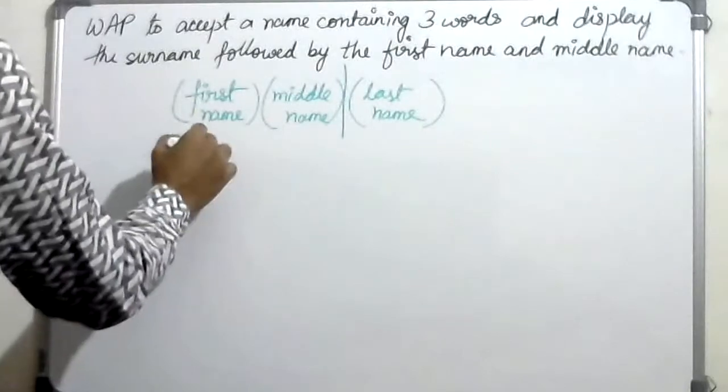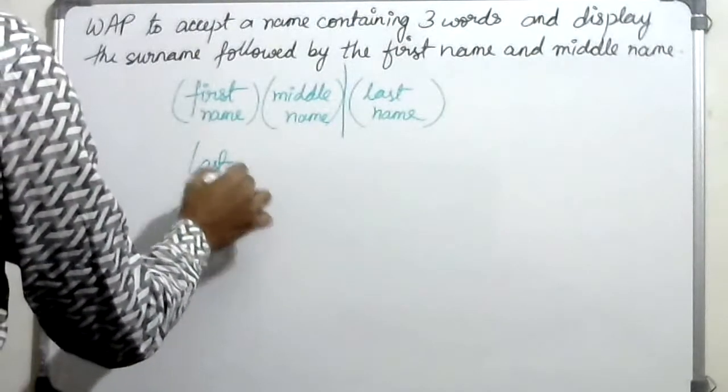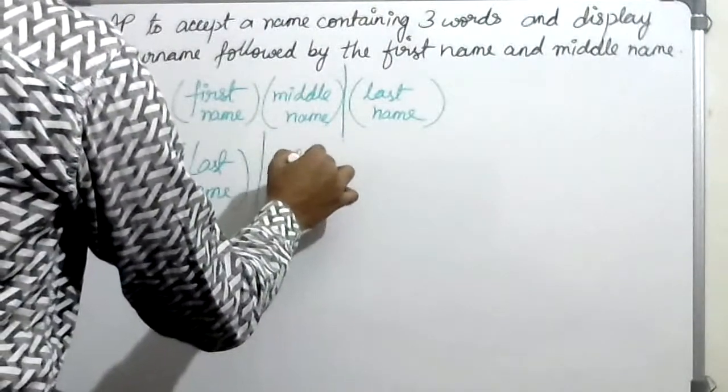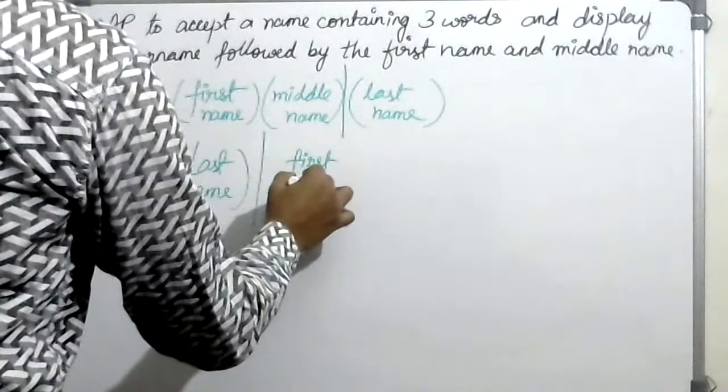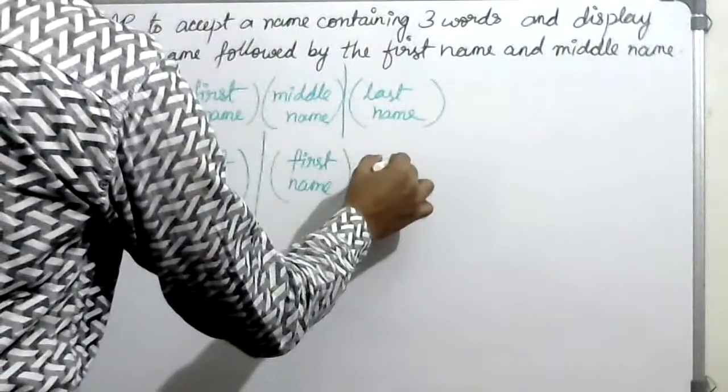So after interchanging, you will get something like this. The last name will come first, followed by the first name and the middle name.